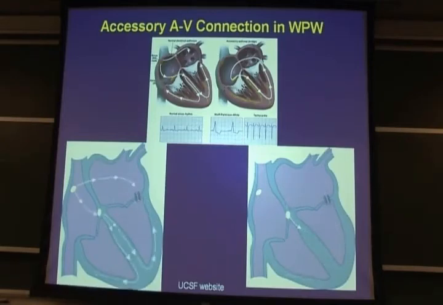In this Wolff-Parkinson-White case, this area here that is activated abnormally early is called the area of pre-excitation. The danger with it is that it could be inverted. Activation could go in through the normal pathway, the AV node, come up, and then penetrate the atrium through this unwanted pathway, this accessory pathway, okay?